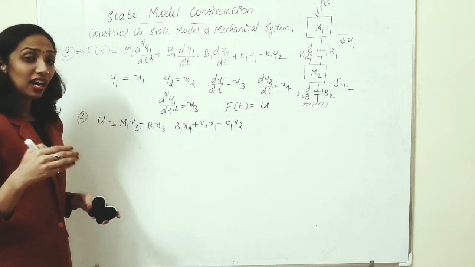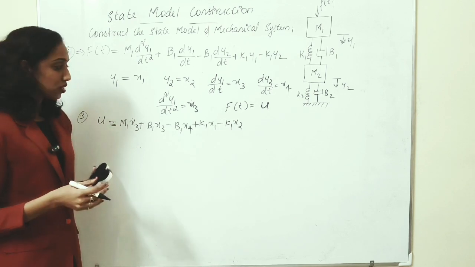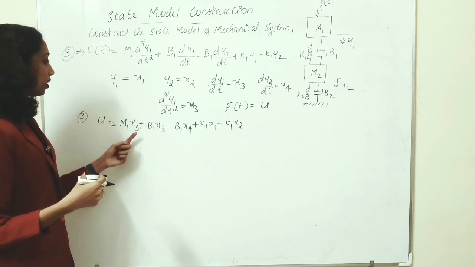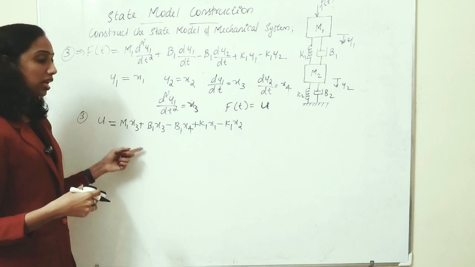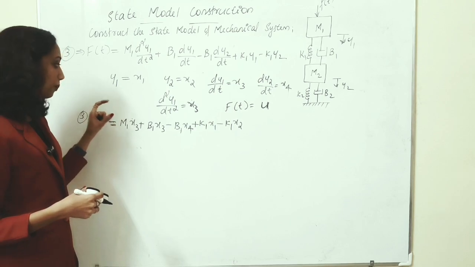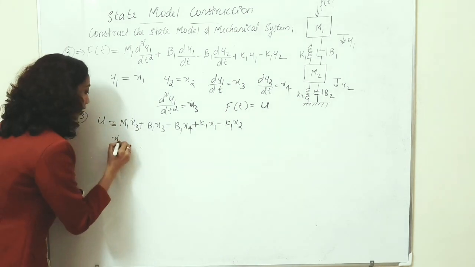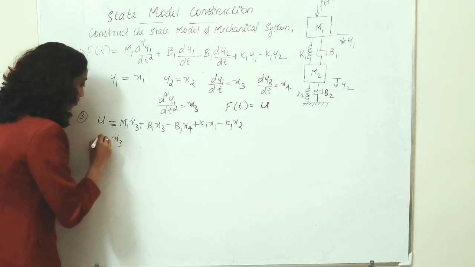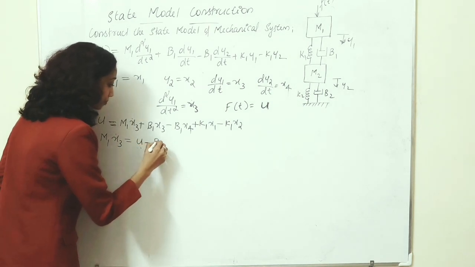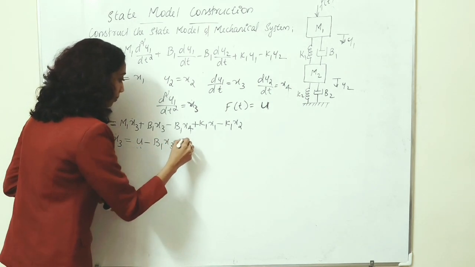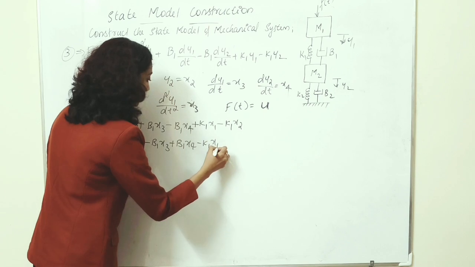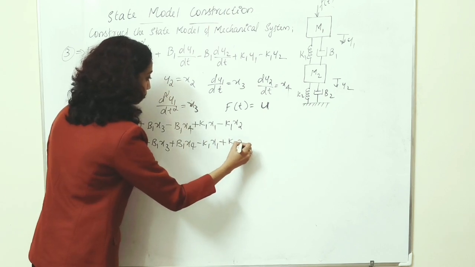I said earlier that the state equation is in the form of x1 dot, x2 dot, x3 dot and x4 dot. Here we have one x3 dot, right? m1 x3 dot. From this equation, we have to find x3 dot. For that, I rearrange this equation as m1 x3 dot on the left side and u minus b1 x3 plus b1 x4 minus k1 x1 plus k1 x2.